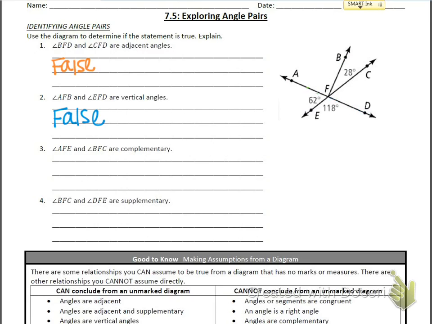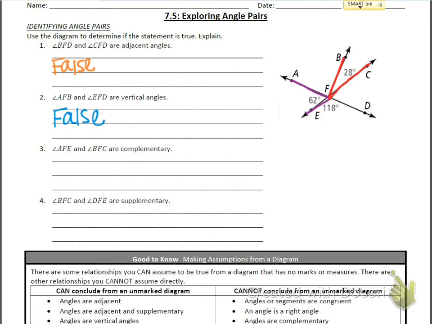So then the next one is angle AFE, ooh, that's off, and BFC are complementary. True or false? I'm just gonna start listening to everyone else now.